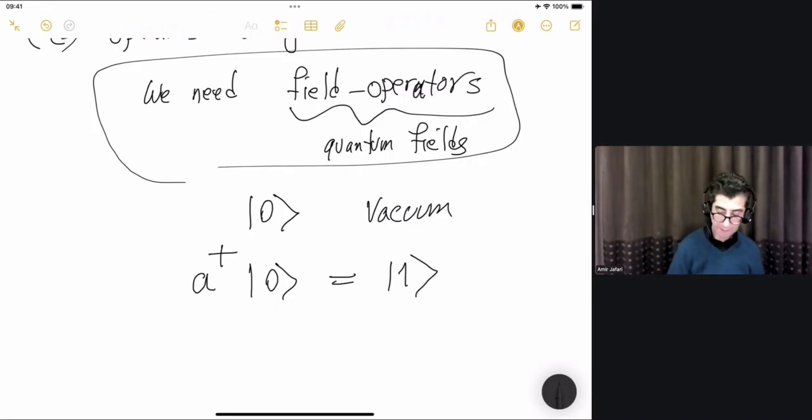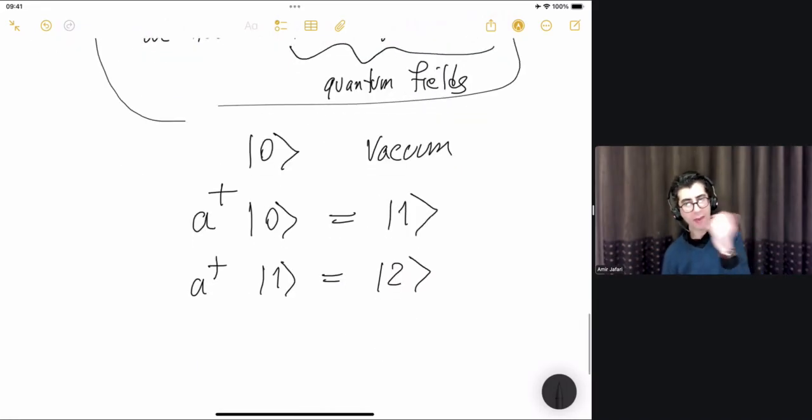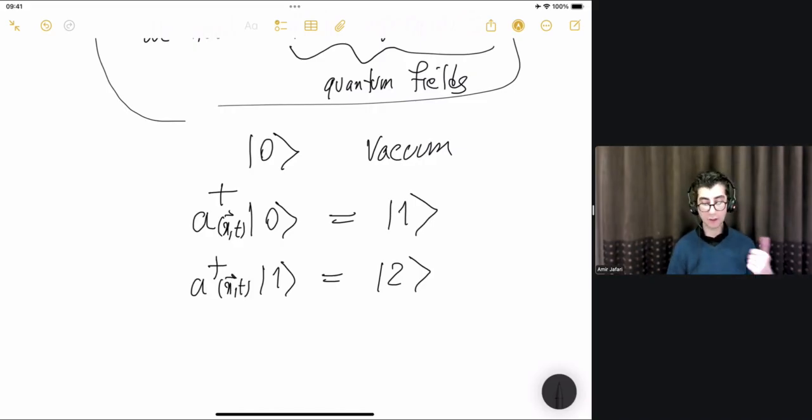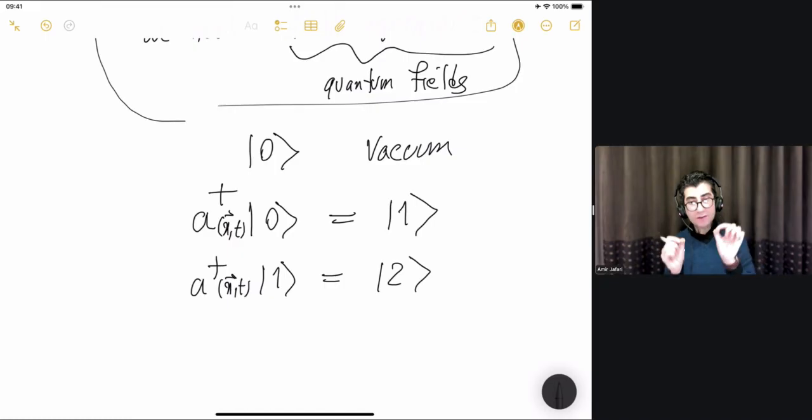It can act again on the one particle state and give me a two particle state. Now, where does this happen? Well, in space. Where in space? Anywhere. So it's a function of x and t. So you see it's a field because it acts at any point in space and time. And also it's an operator.